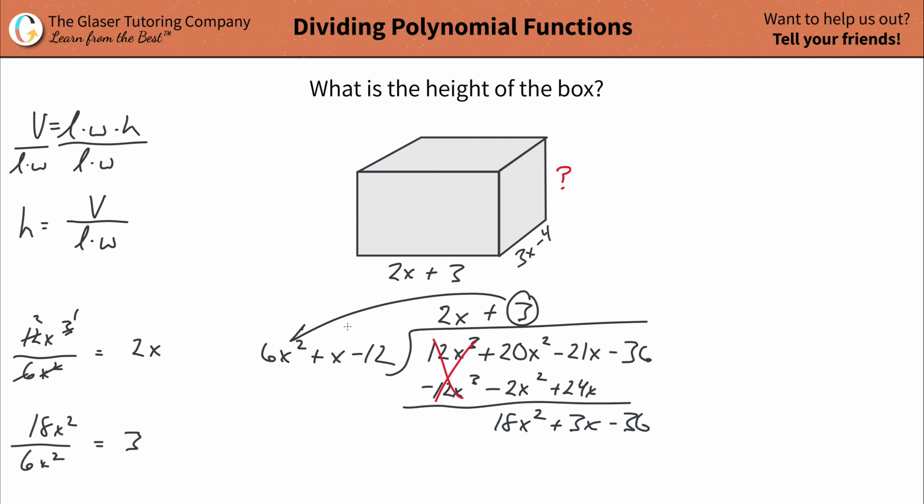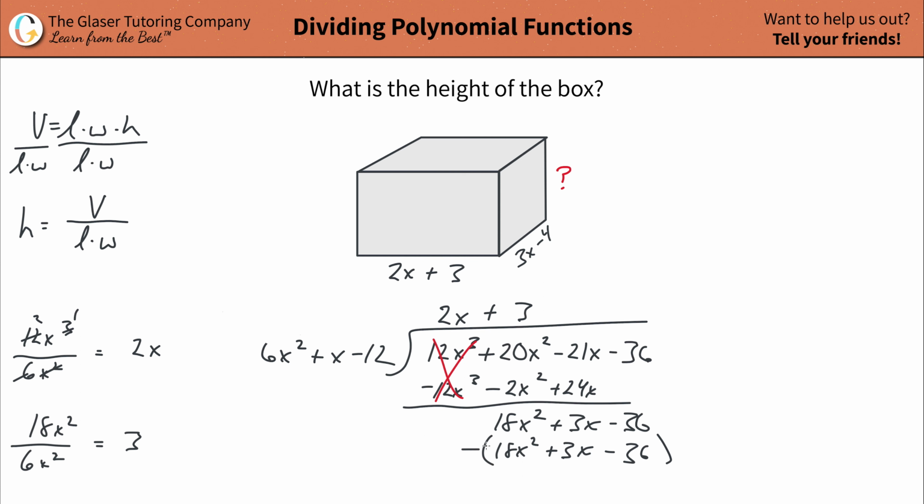Then take the 3 and multiply it into each term of your divisor. Don't forget to set up your parentheses. So that's 18x squared. Then the 3 times the x is going to be a positive 3x. And then the 3 times the negative 12 is going to be a negative 36.